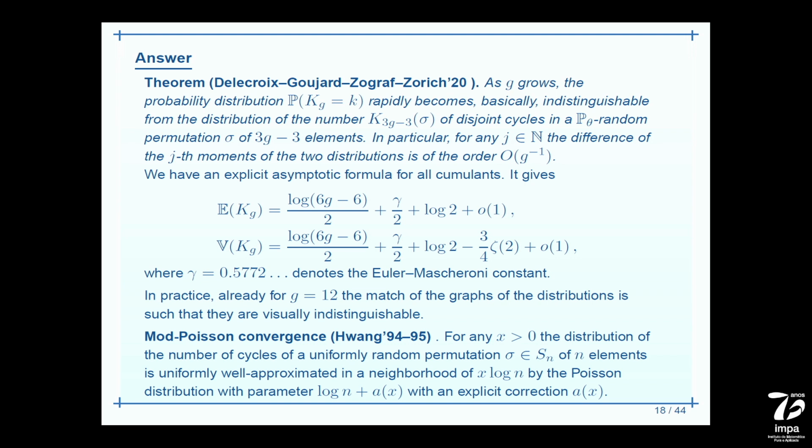I do not go into details on basically indistinguishable. This is very well formalized in terms of this mode-Poisson convergence, and this is extremely good convergence: there is uniform convergence of all moments of the two distributions and so on.